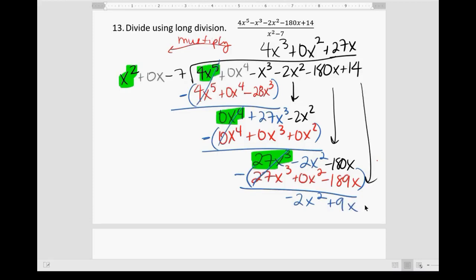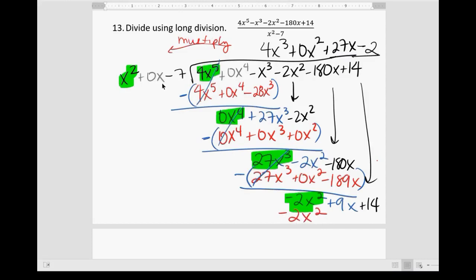Then I'm going to bring down that plus 14. Then I'm going to divide again. Negative 2x squared divided by x squared gives me negative 2. Then I'm going to go back and multiply. Negative 2 times x squared is negative 2x squared.